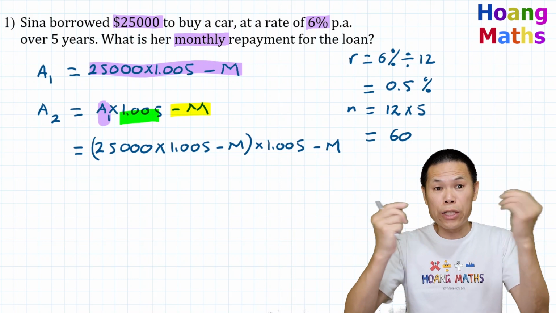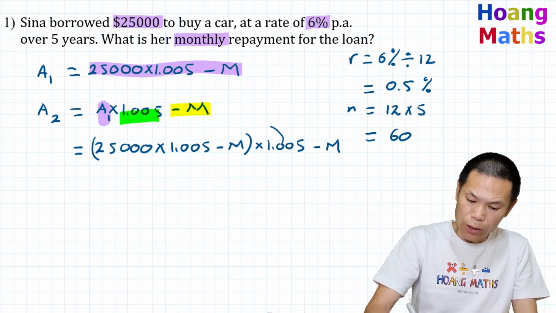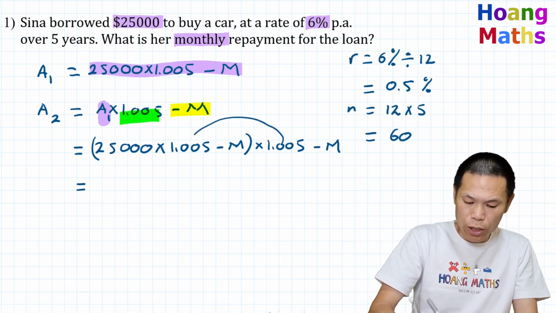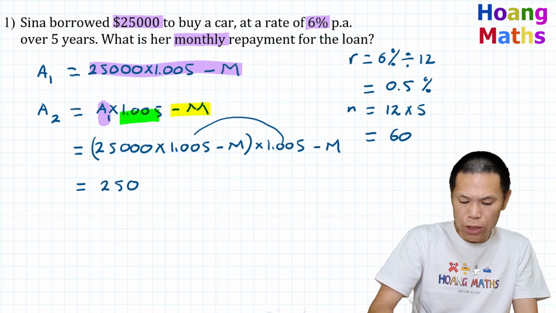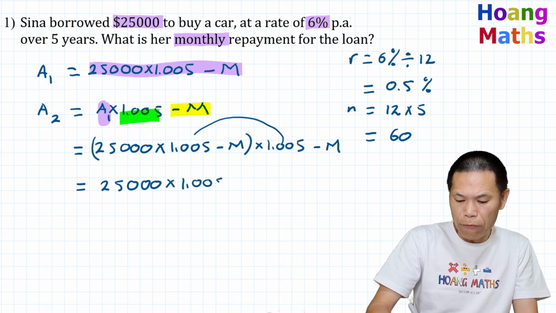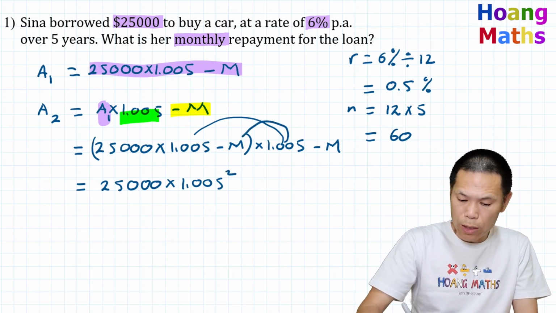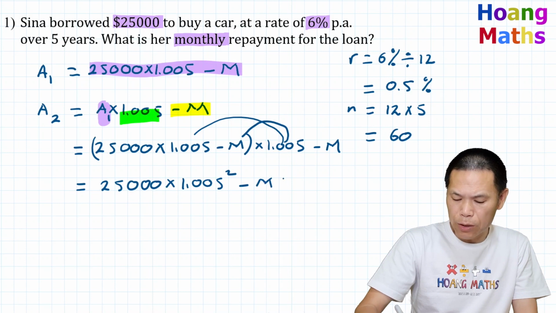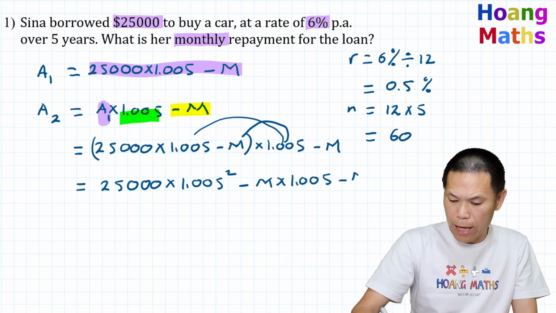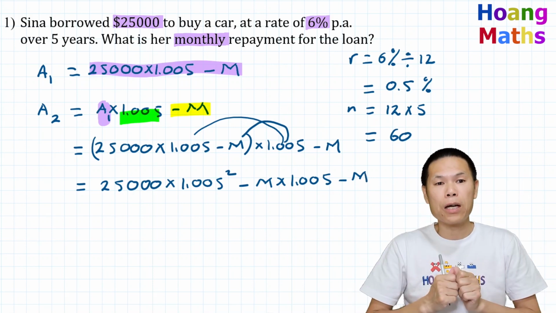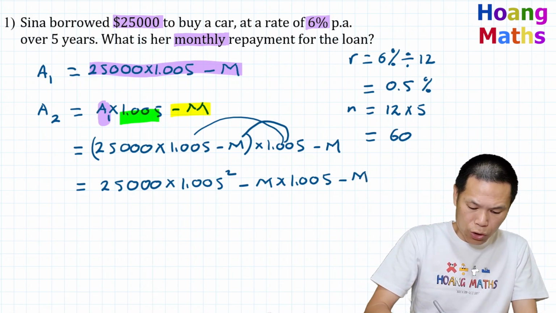So now what I do, I just remove the bracket first. So this times together, that will give me 25,000 times 1.005 squared. And then this times M, so that will give me minus M times 1.005 and we minus M. And at the end of the third month, she will owe this much.